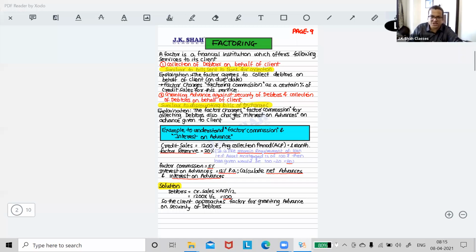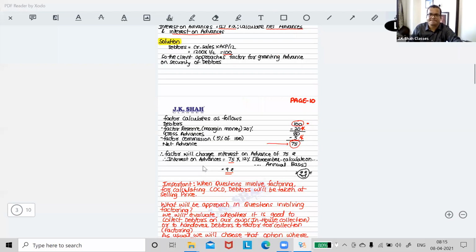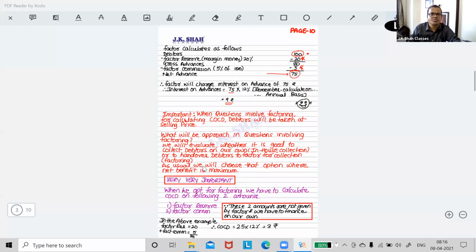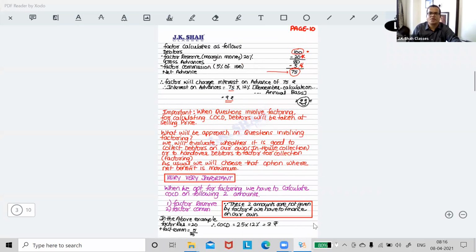Take a screenshot of this page and go to the next page. Done. Okay. Let's go to the next page.